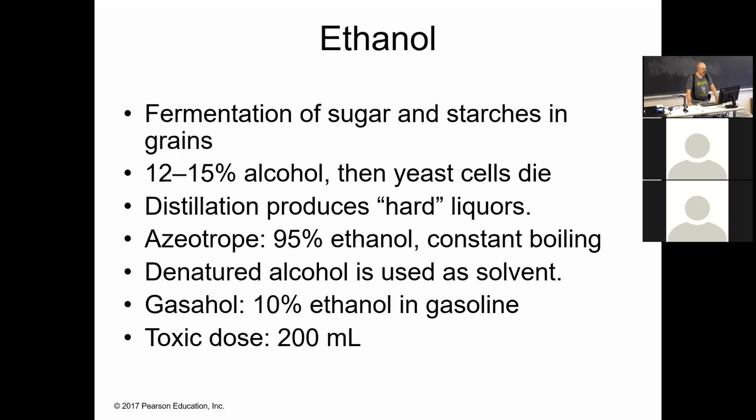When ethanol is distilled, you get what is called an azeotrope. And what this is, it's a constant boiling mixture. It behaves like it's a pure compound.